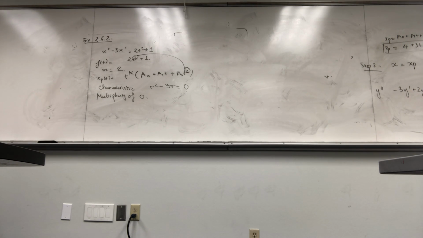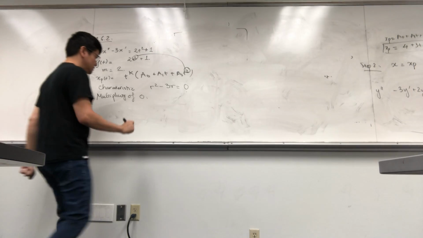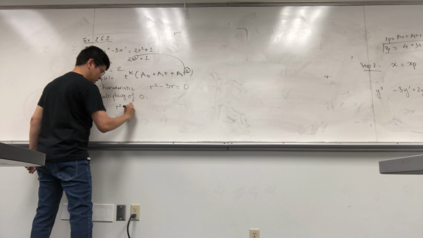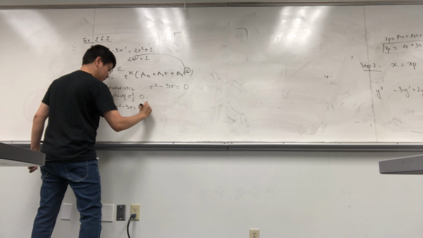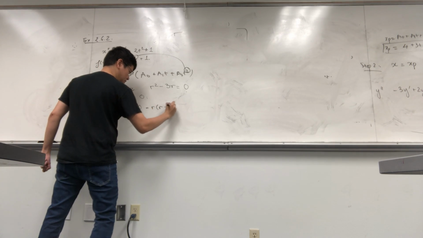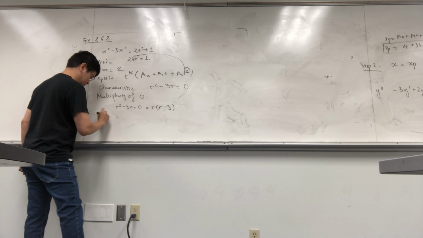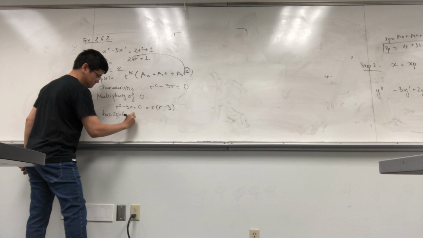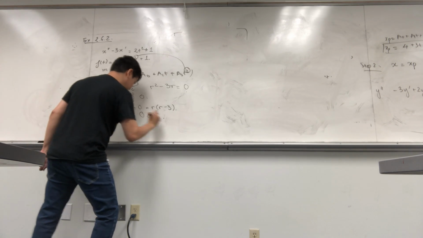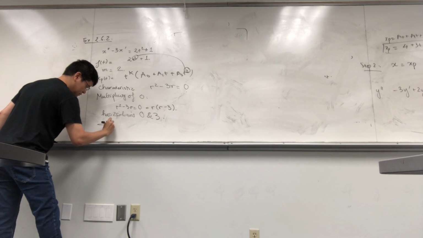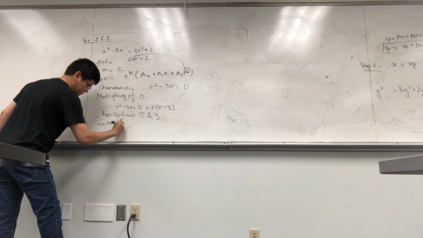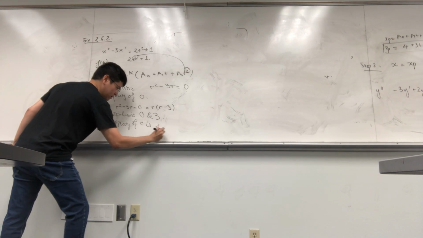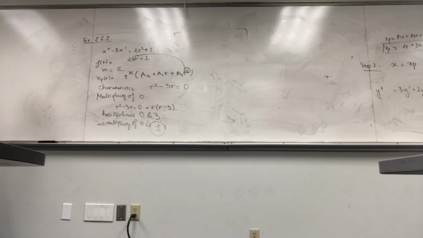Yes, 1. Because r squared minus 3r is 0, and this is r times (r minus 3), so it has two solutions, 0 and 3. So the multiplicity of 0 is 1.